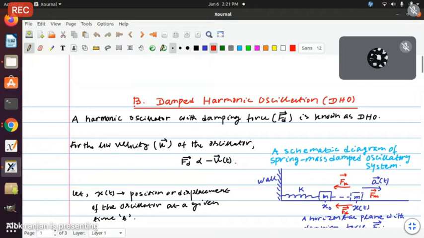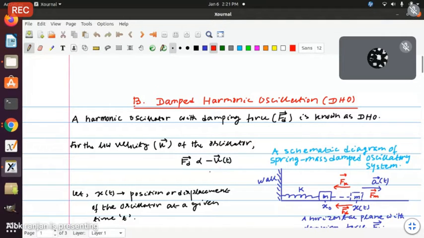We could have higher order terms, but we neglect them because this approximation is good for low velocity, like the harmonic approximation where the restoring force is directly proportional to displacement, giving the famous Hooke's law. If the velocity increases, the damping force will also increase, but it acts in the opposite direction of the velocity. Therefore, we have a negative sign here.